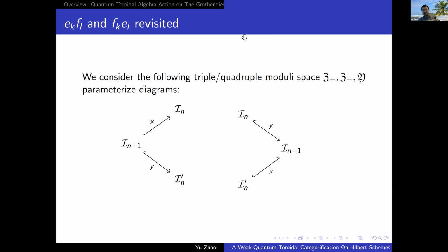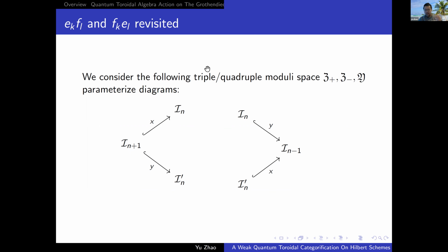We could also consider this for the decreasing side, where we have two ideal sheaves I_n and I_n', but they both include another ideal sheaf I_{n-1}.